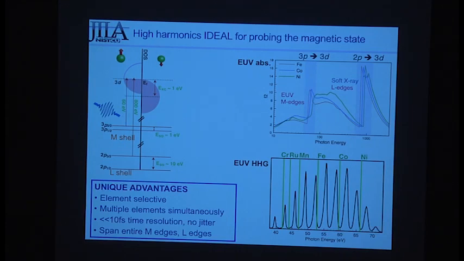If you do a visible magneto-optic spectroscopy, you probe the average moment, whereas in the EUV, you can probe the local moment on each element in an alloy or each layer in a multilayer. So you can then distinguish between different mechanisms. And the signal is huge.